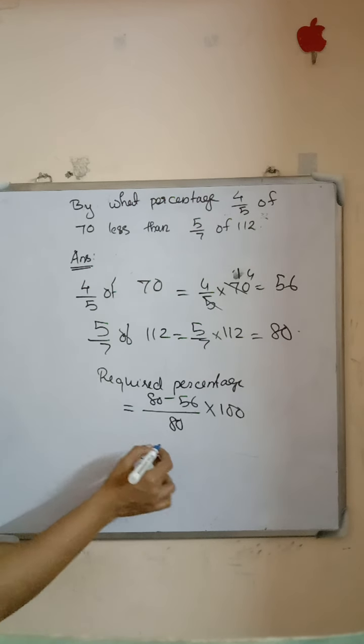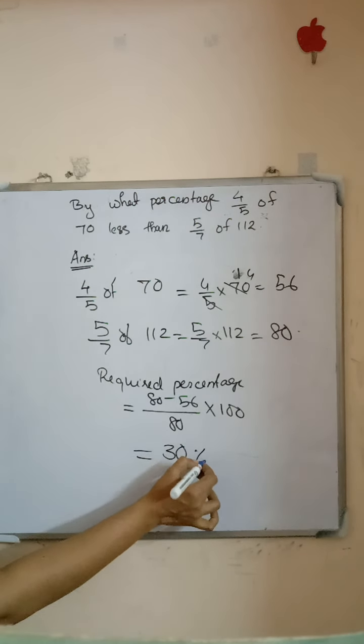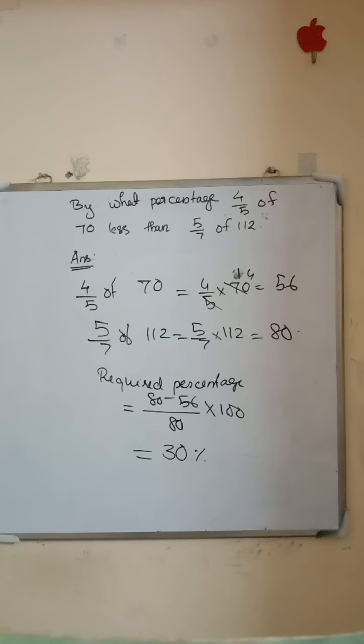So the answer is 30. So we get 30%. 4 by 5 of 70 is less than 5 by 7 of 112 by 30%.